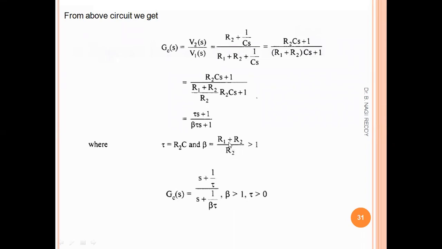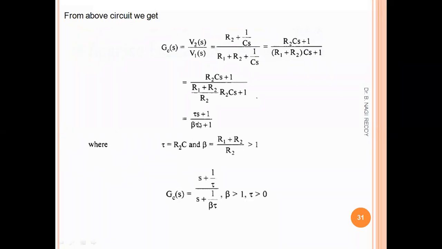Whereas in a lead compensator we have alpha, which is the inverse of beta, because alpha is R2 by (R1 plus R2), but beta is (R1 plus R2) by R2. So both are inversely related. That's why alpha is less than 1, but beta is greater than 1.